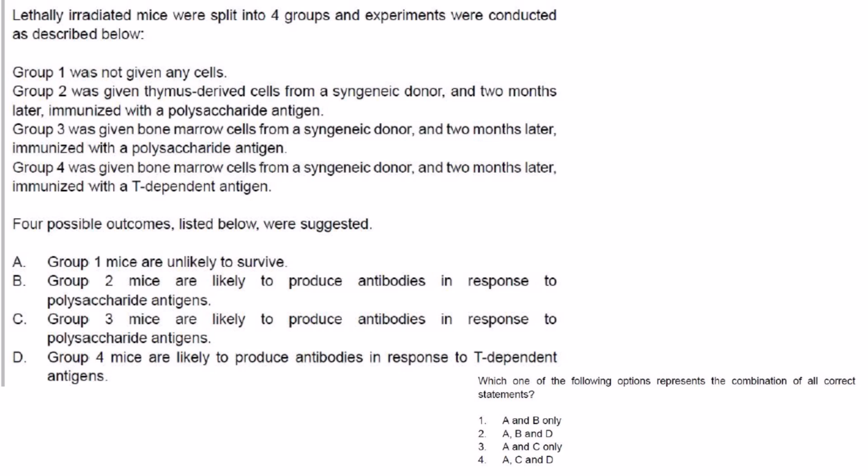Then next one. Lethally irradiated mice were split into 4 groups and experiments were conducted as described below. So what is this lethally irradiated mice? What will happen to that? So this lethally irradiated mice means they have received sufficient radiation in such a way that their hematopoietic stem cell failure has happened.